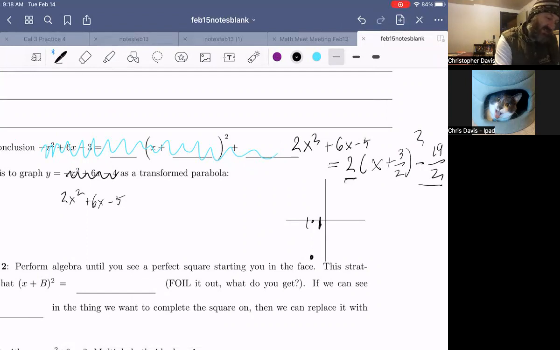So point down here, negative 1.5, negative 9.5. Then it'll start opening upward. I guess we may as well have the correct y-intercept, which is easier to read right here. 0, comma, negative 9. And it'll keep on keeping on.